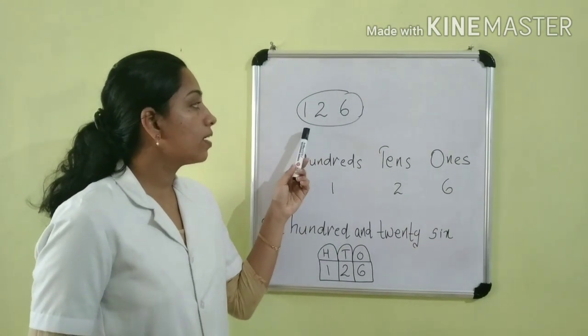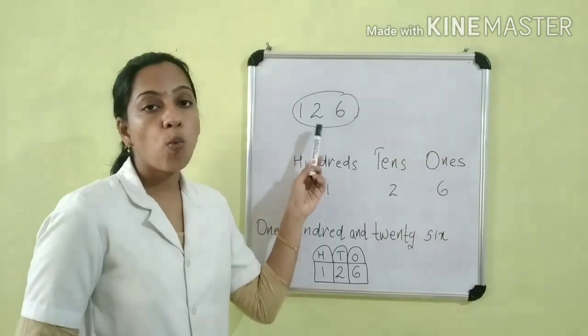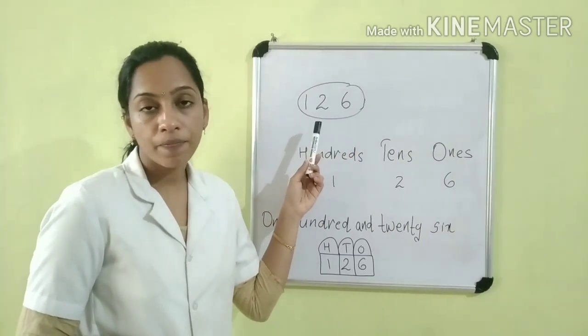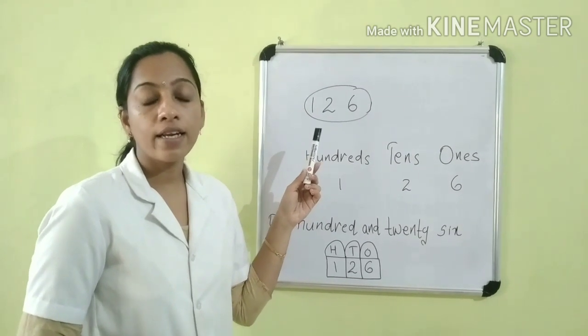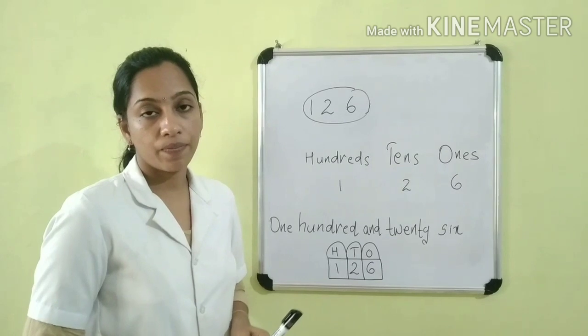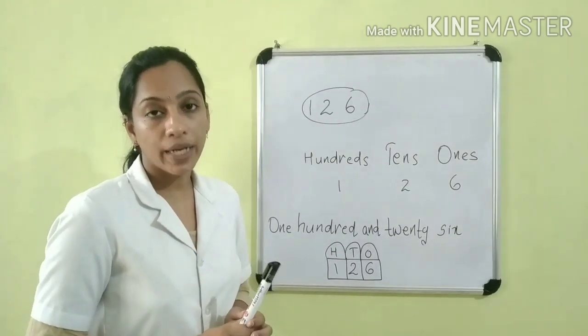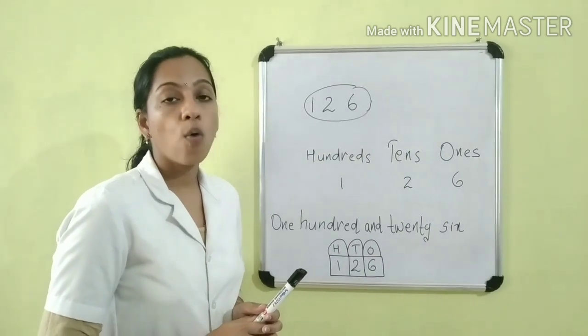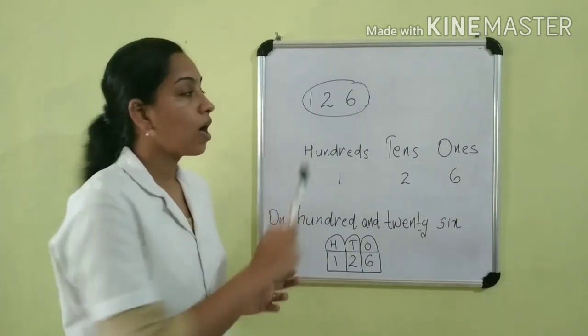Let us see how to read a three-digit number. In this example, the numbers are 1, 2, 6. Is this a three-digit number? Yes. Then we will learn how to read this number. First, you read the hundreds space digit. That is 100.